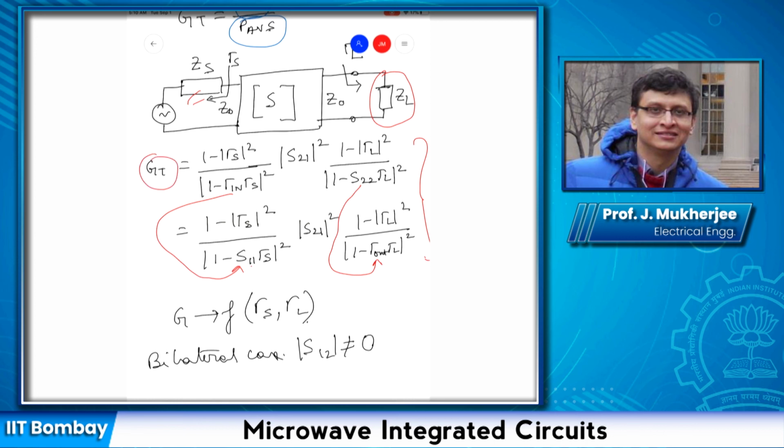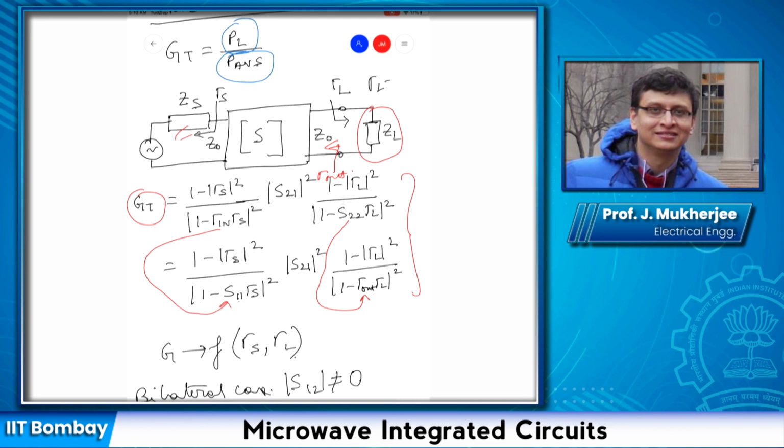Then I find out what is gamma out. So I find out the value of gamma out after fixing ZS. But what will be my next step? Should I make gamma L equal to gamma out conjugate? Because if I do that, then gamma L is dependent on gamma out, and if I change gamma L, then this GT also changes.